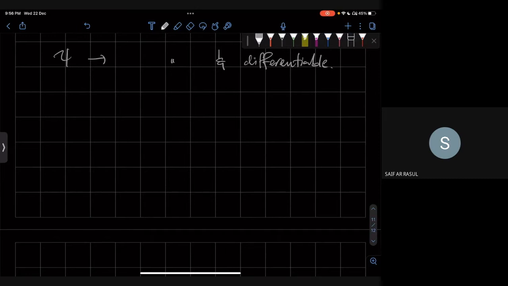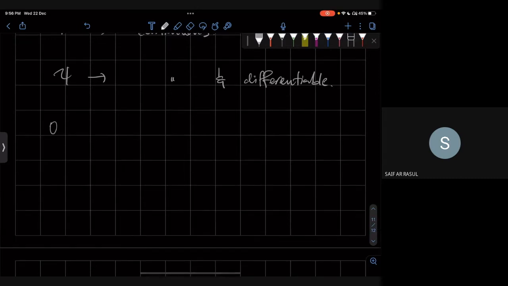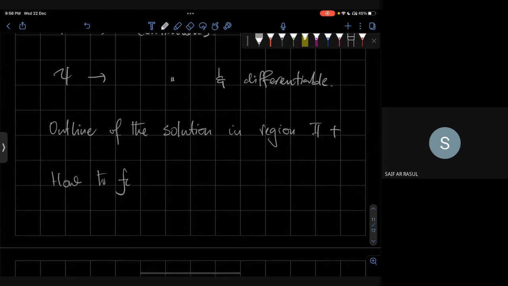Okay, so let me give you an outline of the solution. In, say, region 2, plus, how to find the energy eigenvalues.